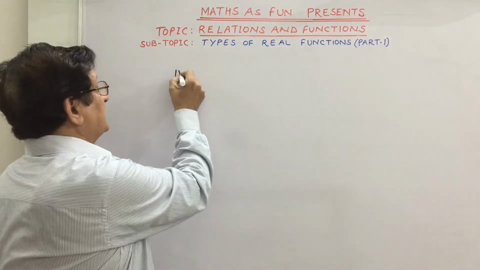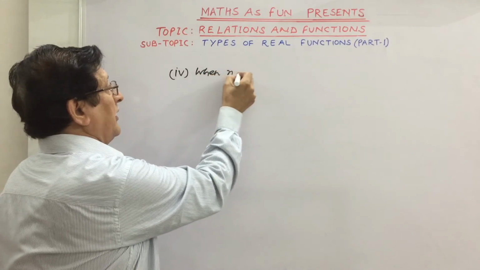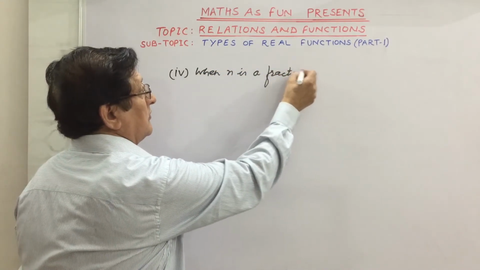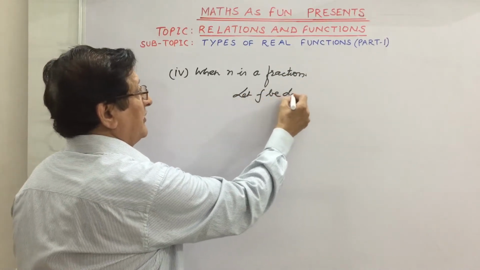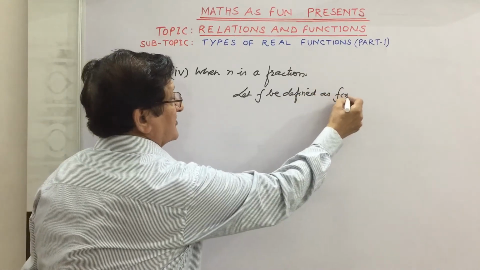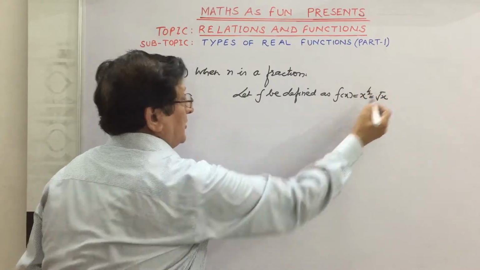The fourth case is when n is a fraction. Let's take it. Let f be defined as f(x) = x^(1/2), that is root x.